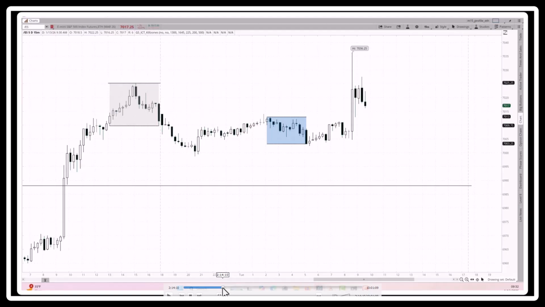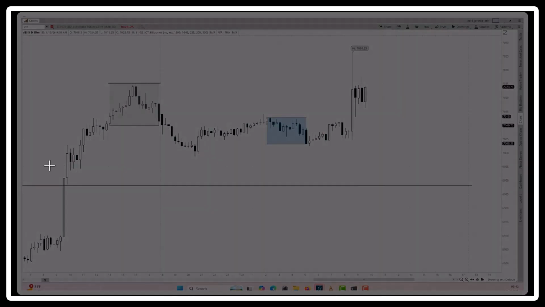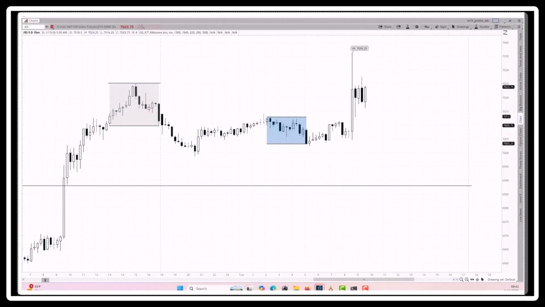Boom. Right, the 36. You see that? The 42. Look at the 42. Let's check the screenshot at 42, which is 3 minutes before it closed.